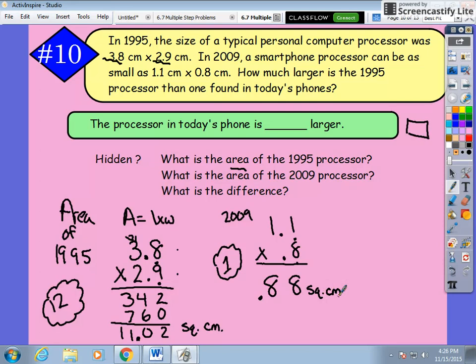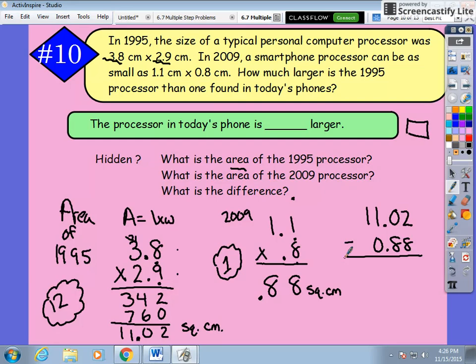And now I need to find that difference. I need to do a subtraction. So I'm going to take my larger one and I'm going to subtract my smaller one to find the difference between that 1995 processor and the 2009 processor.